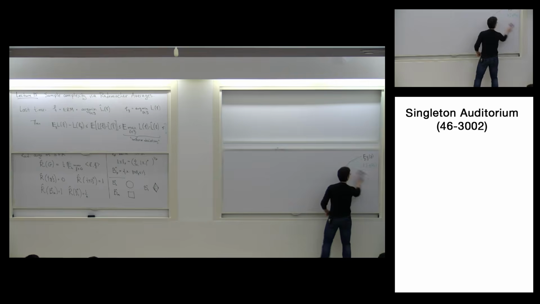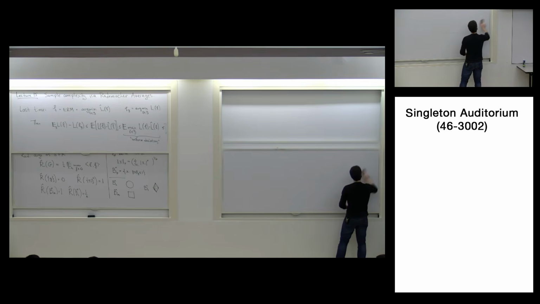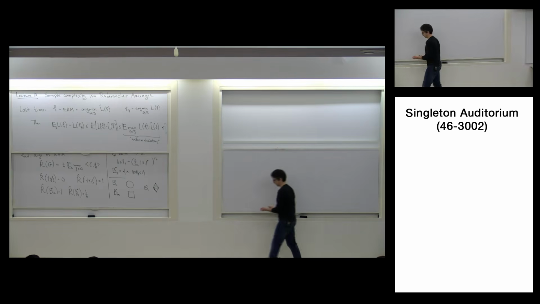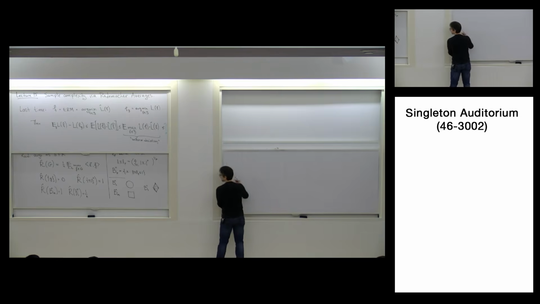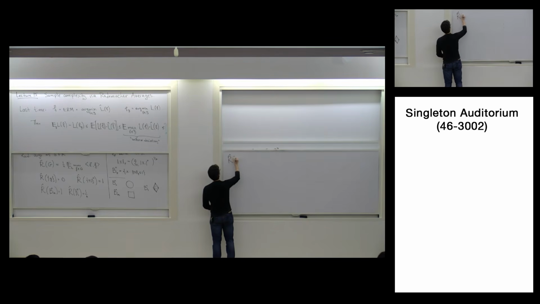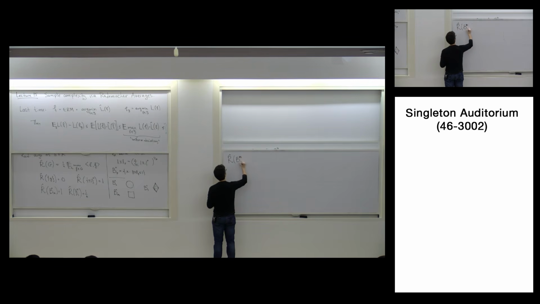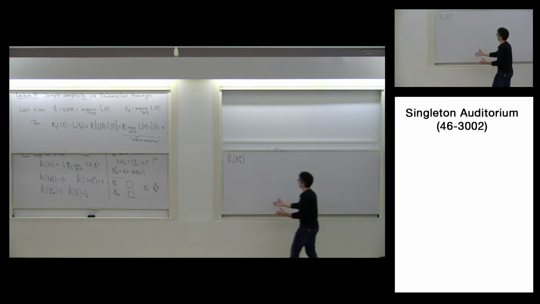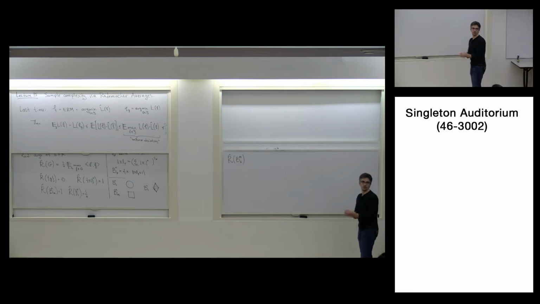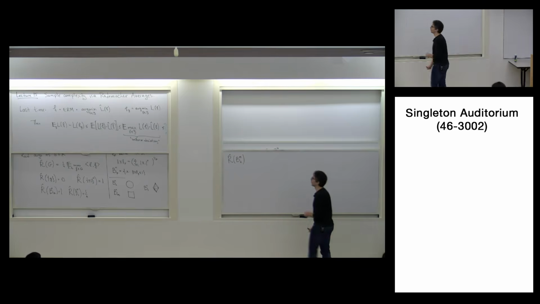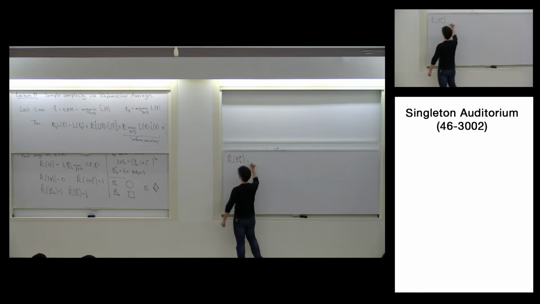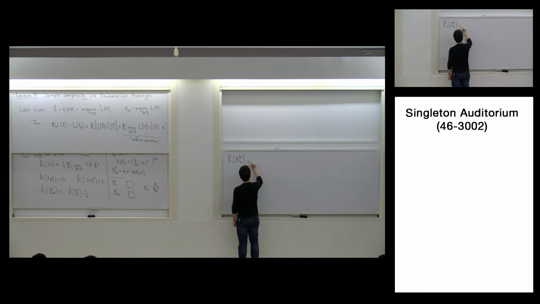Okay, let's do another one. How about R hat of B_n 2? Just the usual basketball, the usual L2 Euclidean ball. Well, this will require just a bit more work. So let me write it out.